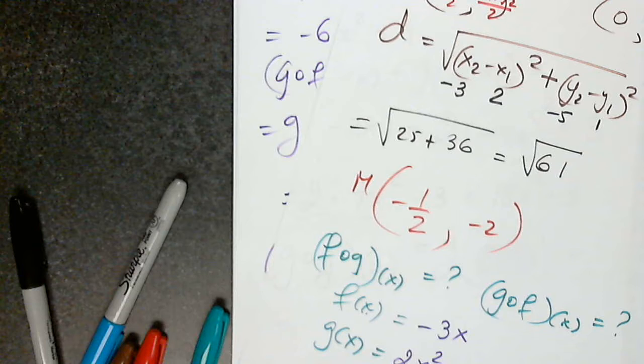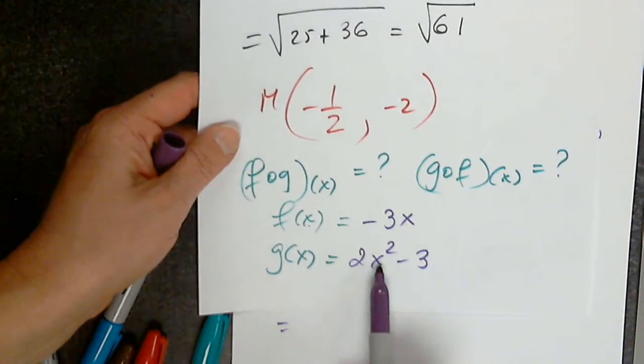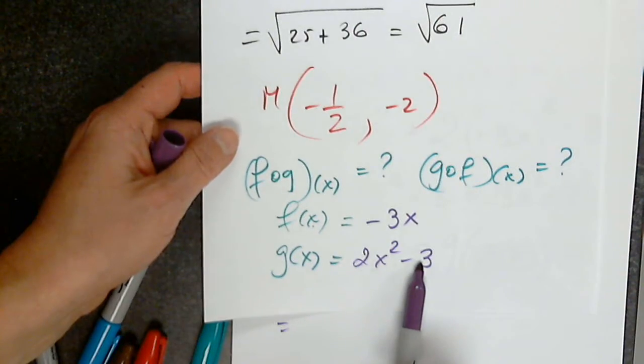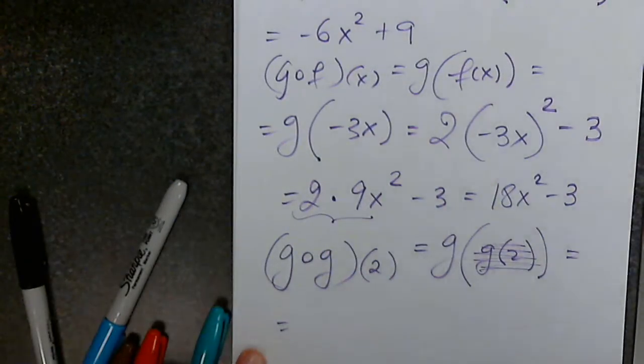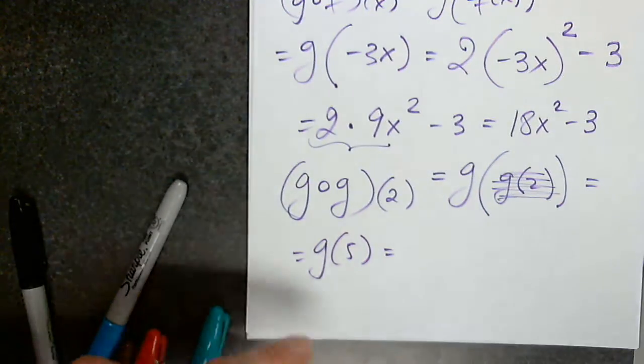Okay, so what do I do? So yes, 2 squared is 4. 4 times 2 is 8. 8 minus 3 is 5. So this is g of 5. I go back to g now.